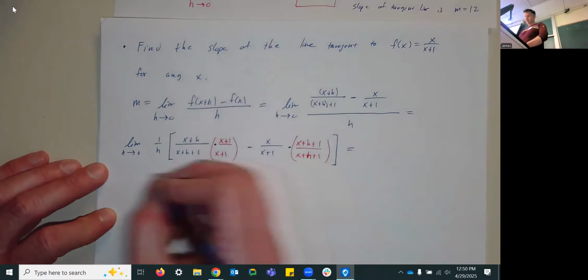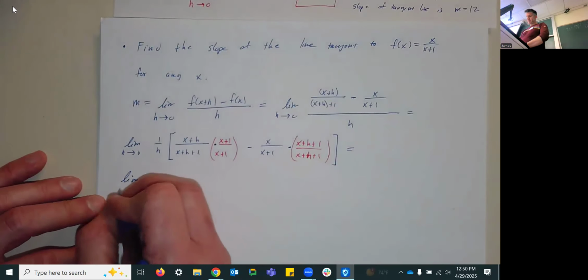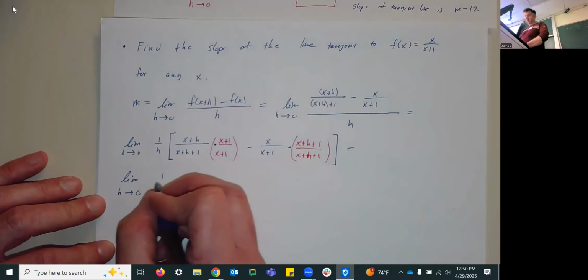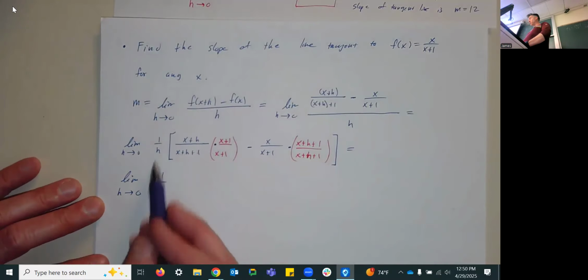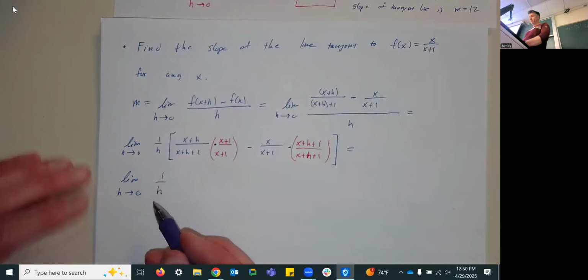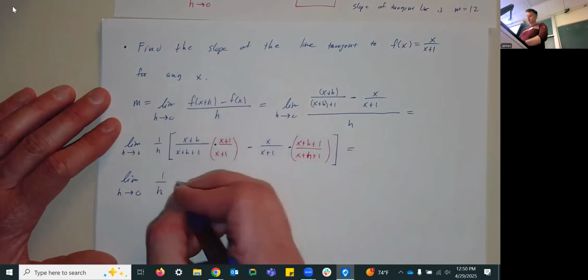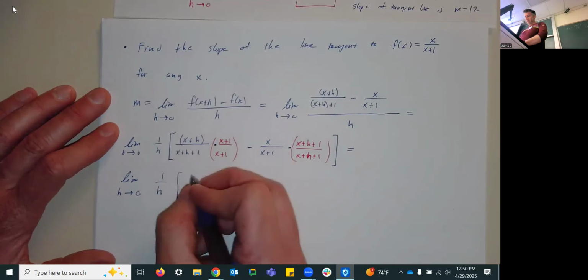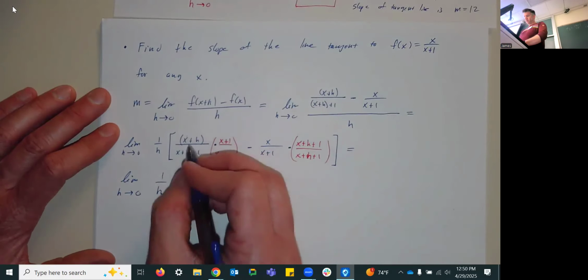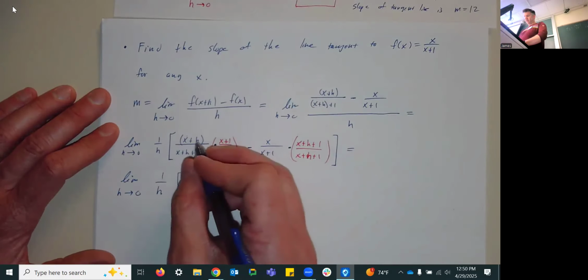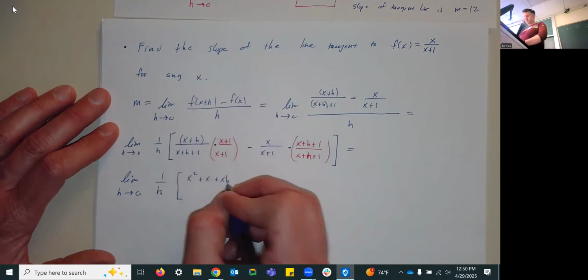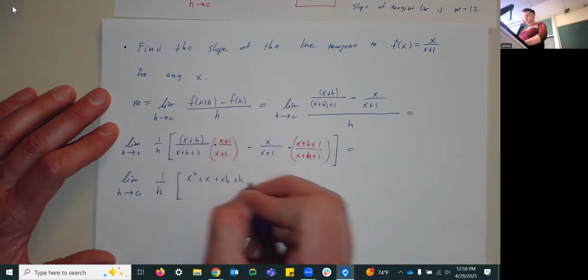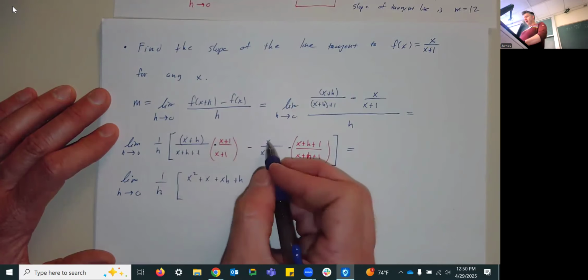Okay, so now we're going to simplify. Still have the limit as h goes to 0, still have our 1 over h out in front. This is the h we're looking to cancel out, that 1 over h in front. That was our original h in the bottom. So now this first fraction, if I FOIL out the top, I'm going to get x squared plus x times 1 plus h times x plus h times 1, minus x times each of these things.